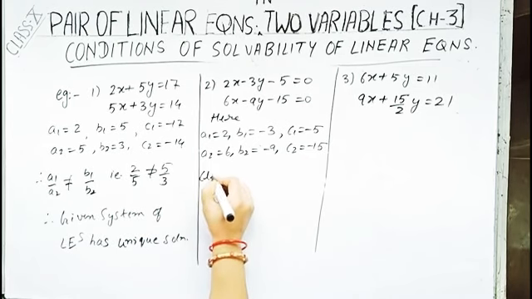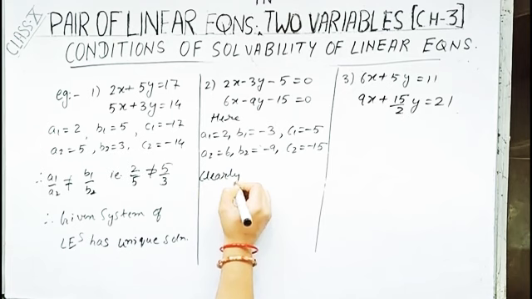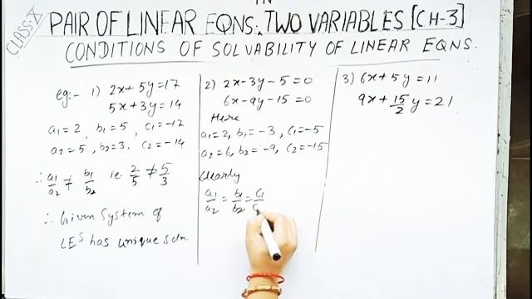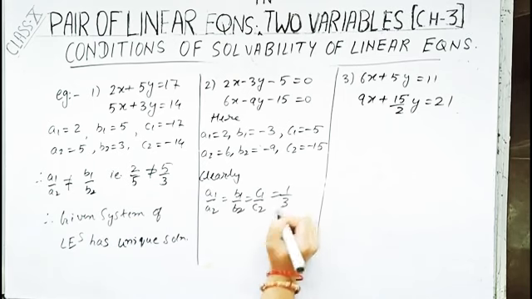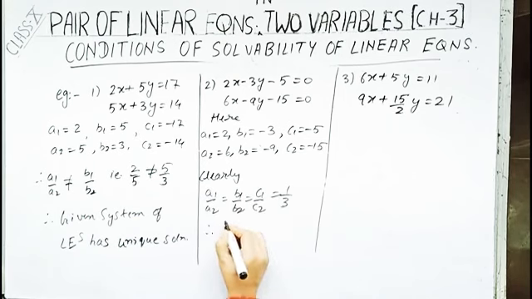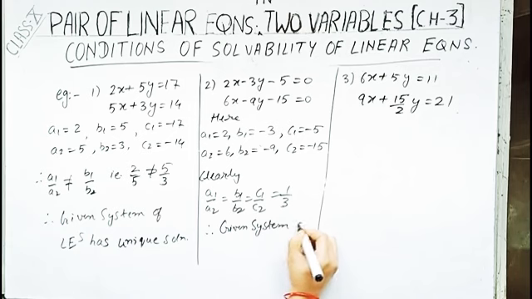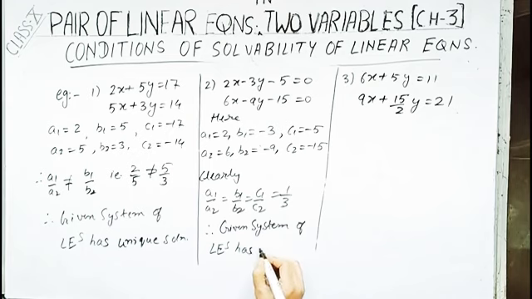So clearly a1 by a2 equals b1 by b2 equals c1 by c2 equals 1 by 3. Therefore, the given system of linear equations has infinite solutions.